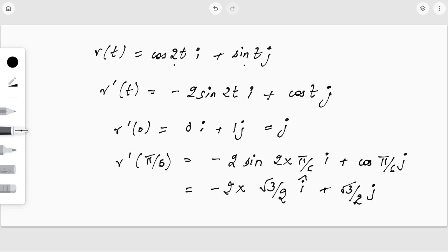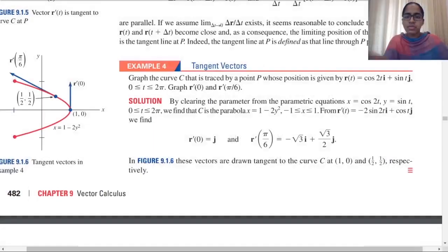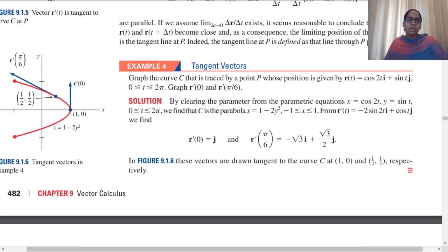So these are the values of r dash of 0 and r dash of pi by 6. We are asked to plot them in the graph, and you can see it will be the point 1, 0 and the corresponding value. So these are the vectors which are drawn tangent to the curve C.